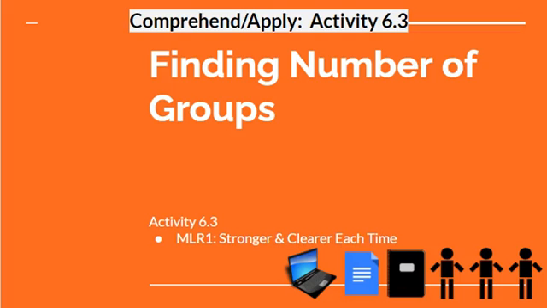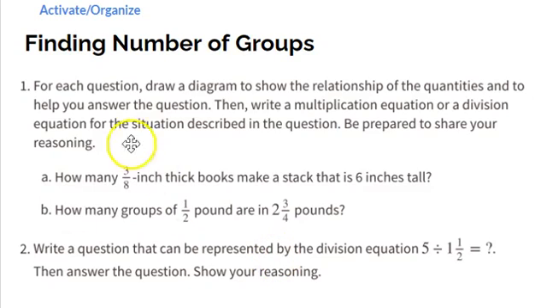Okay, we're going to do one more part here, finding numbers of groups. So for each of these, draw out a diagram, but you can think of the multiplication or division sentence for each situation. So like on this first one here, we've got 3/8-inch thick books that make a stack that is 6 inches tall. So how many 3/8 inch books is it going to take to make 6 inches?